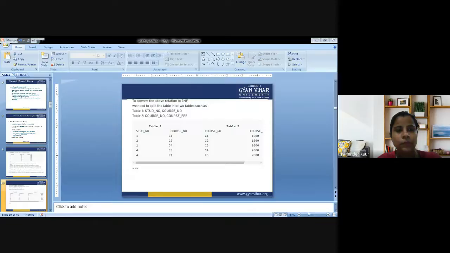Now, there is one note regarding the same. 2NF, that is second normal form, tries to reduce the redundant data getting stored in the memory.